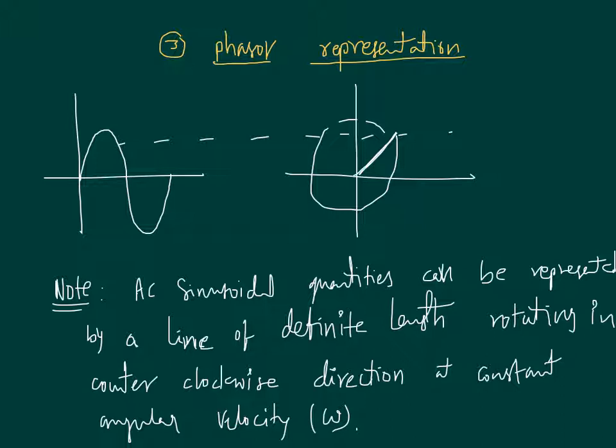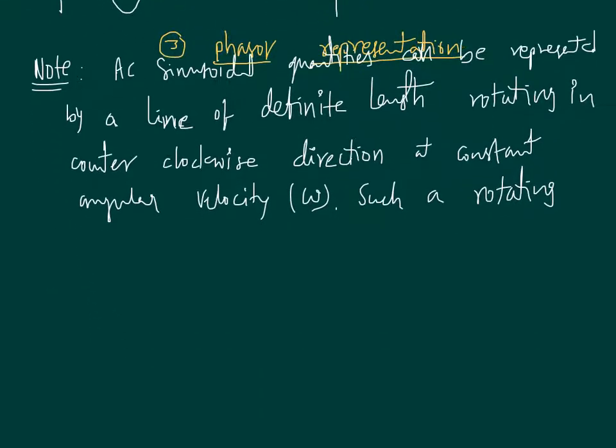Such a rotating line is called a phasor.